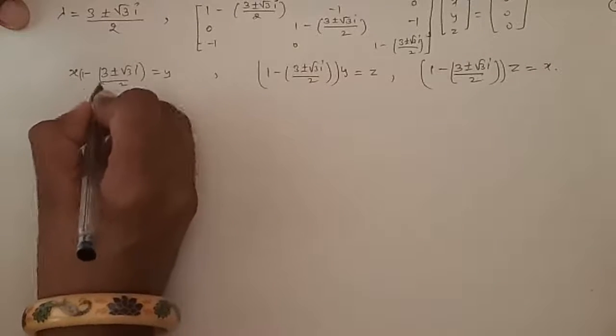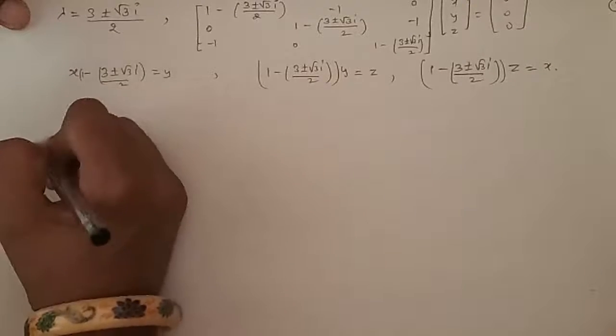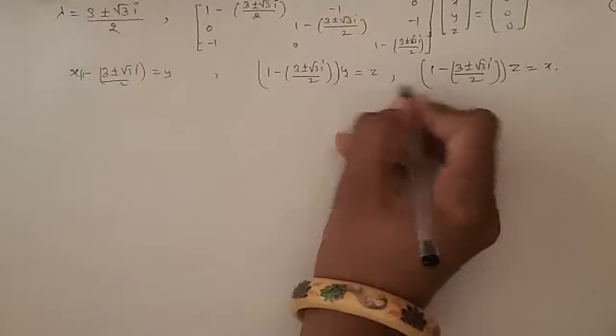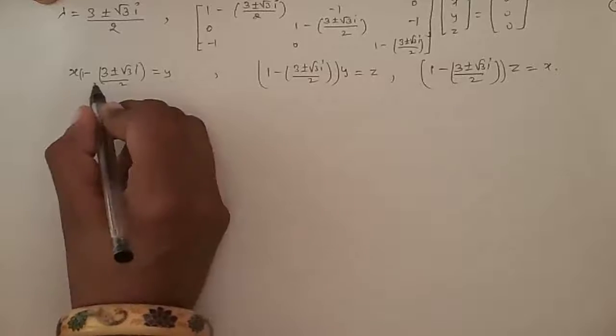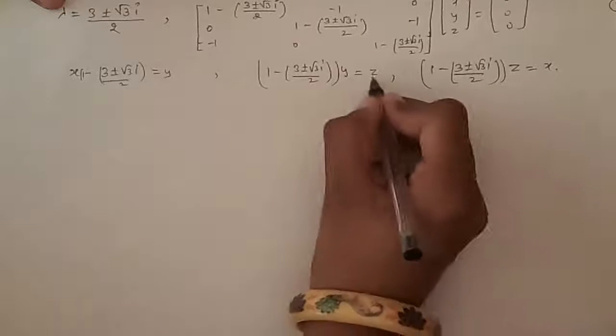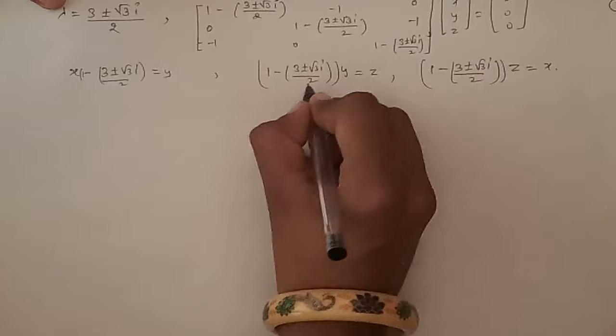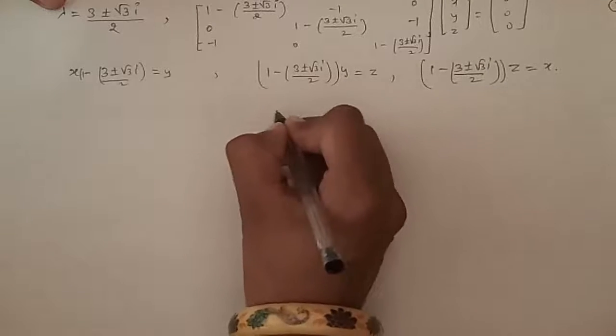So here suppose this is the value of y. Now I have to convert z also in terms of y. So y is in terms of x, z is in terms of y. So I have to convert z also in terms of x only.